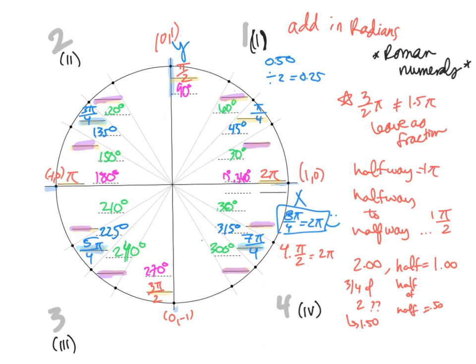In this quadrant, I have 30 degrees, 30, 30, right? Because it's 90. 3 gives a 30. So what I've done is I've cut this into thirds.